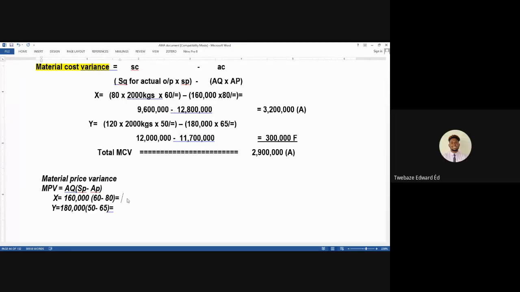It is 3.2 adverse. And I believe you know why I'm saying that it is adverse.